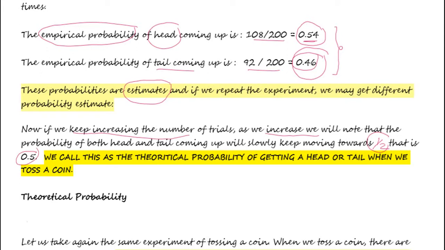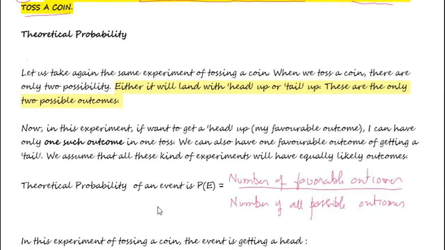We call this the theoretical probability of getting head or tail when we toss the coin. Theoretical probability. That is what we are going to study in this chapter. Now let us take the same experiment of tossing the coin. When we toss the coin, there are only two possibilities.